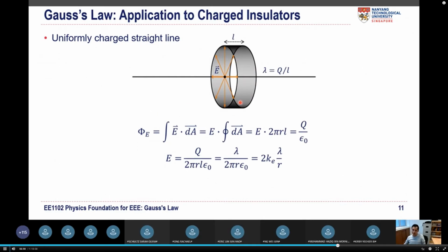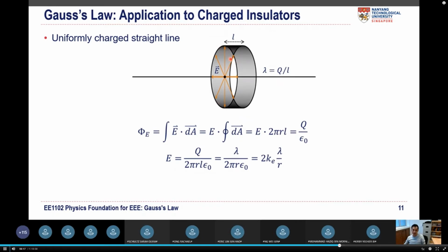And in this case, how are we going to create a Gaussian surface? We create a ring-shaped one, or cylindrical shaped one like this.